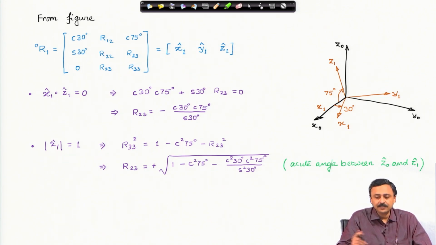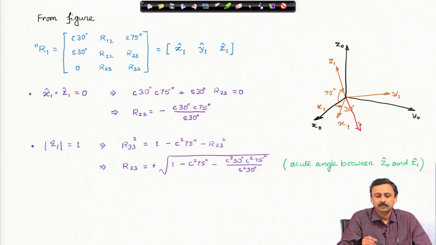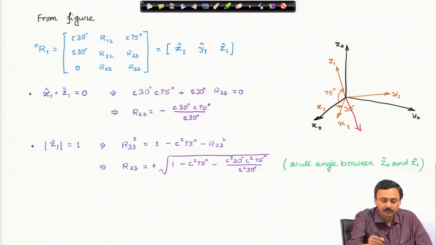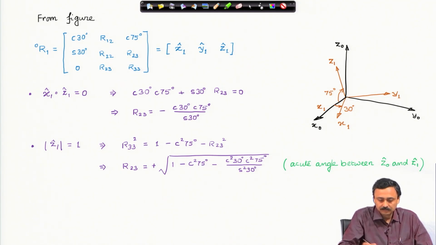If I take the negative sign, it would be the other axis this way, which is not the one we want. Therefore, we can now solve R23 and R33.